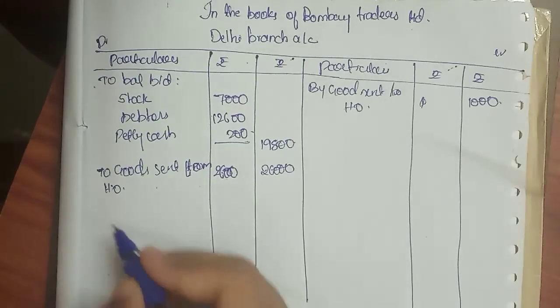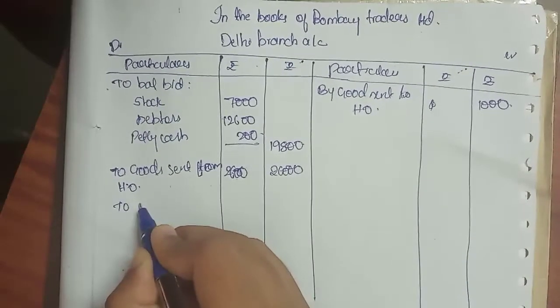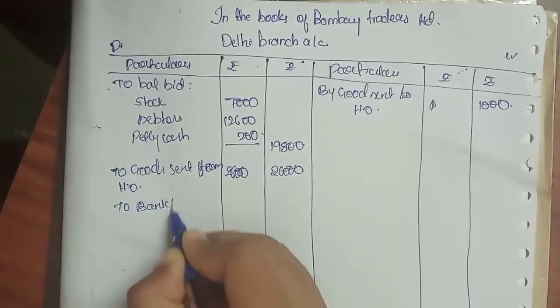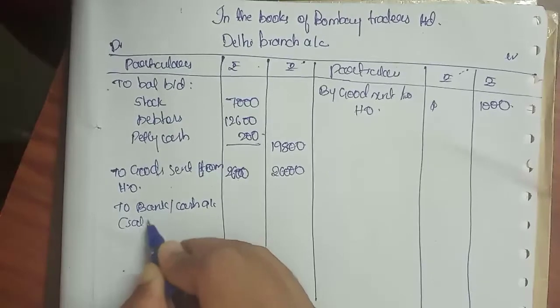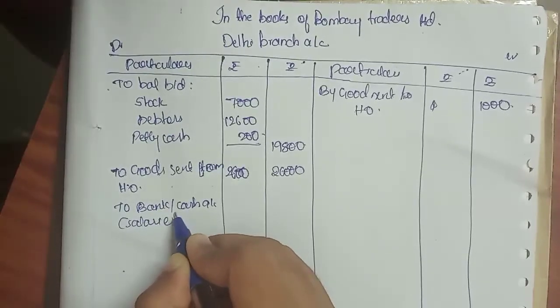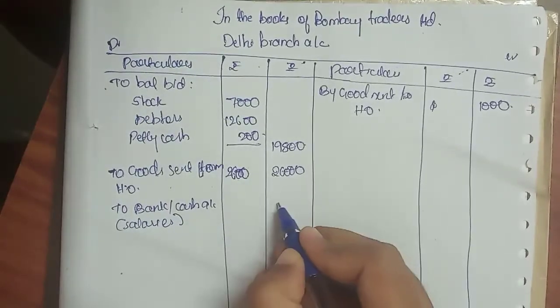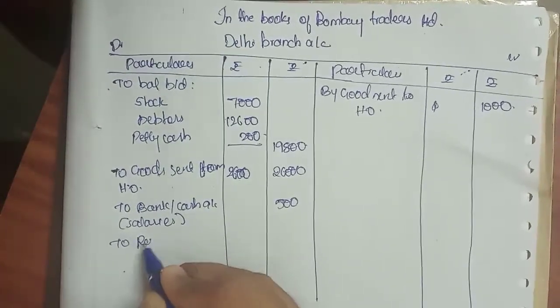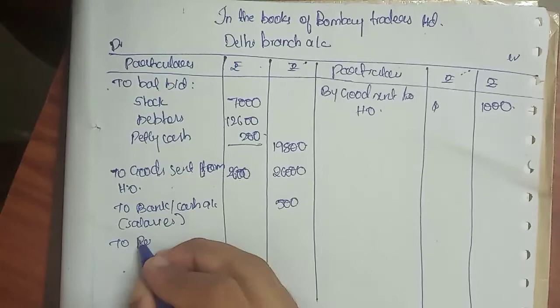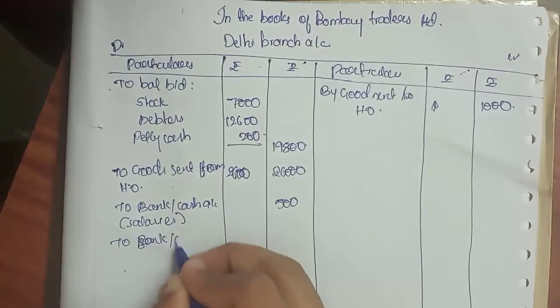Salaries we will write. Salaries is paid in the form of bank or cash, so to bank or cash account. In the bracket, salaries and wages, it is 500 rupees. Next, rent and rates. You are not writing it as rent and rates, you are writing it as bank or cash account.